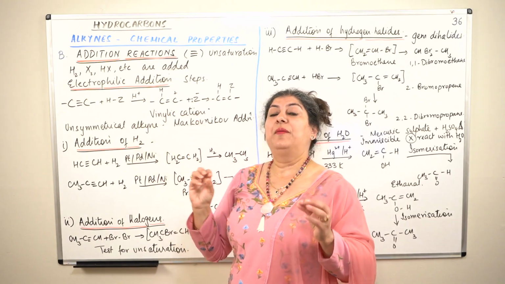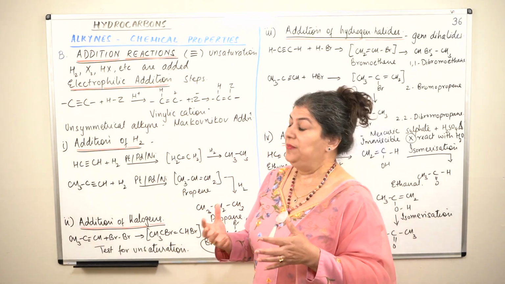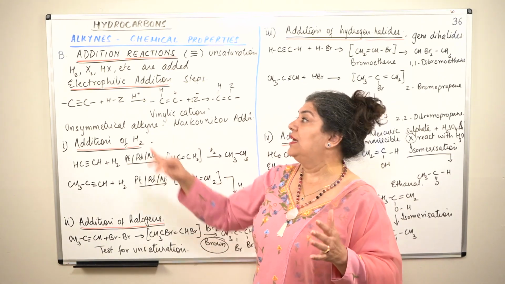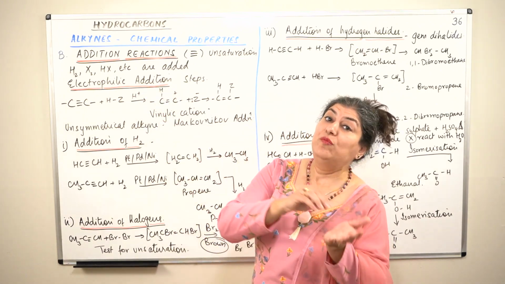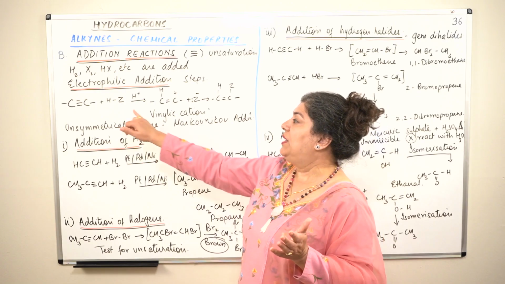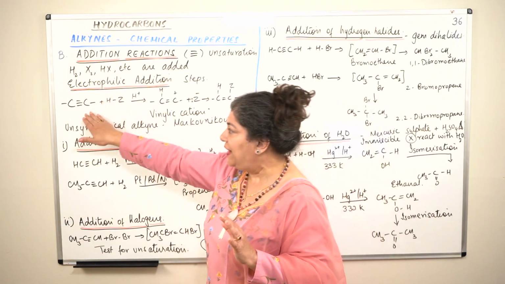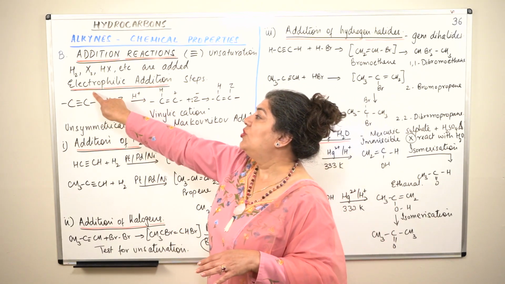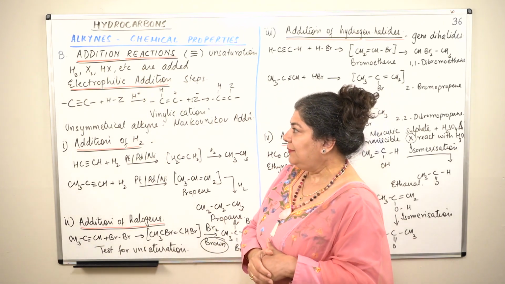And whenever a positive part of a molecule attacks in a reaction, we call it an electrophilic addition, or in electrophilic substitution, an electrophile would attack first. So here also the electrophile is attacking first, therefore it is an electrophilic reaction, and since it is an addition reaction, it is known as an electrophilic addition reaction.